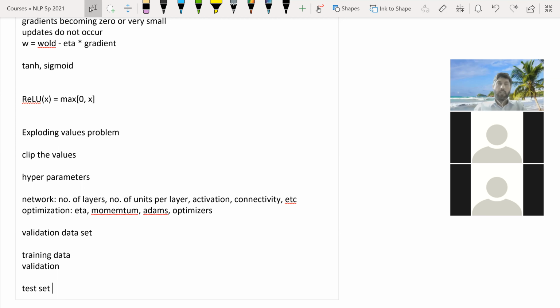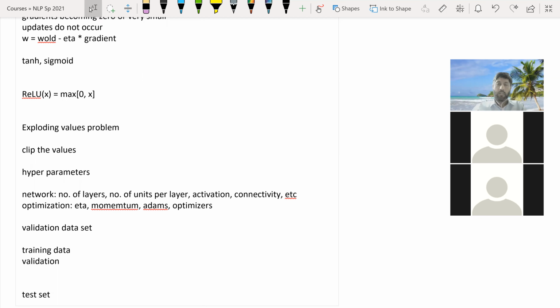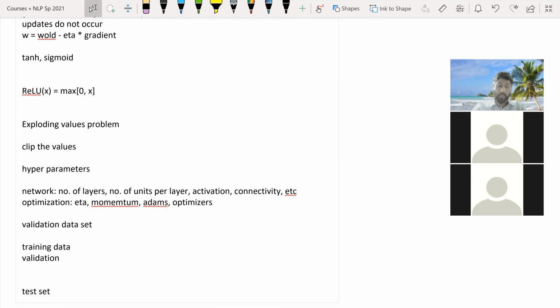So in general, there are a lot of hyperparameters, network parameters as well as optimization parameters, and there might be other parameters as well. वो मैं आगे discuss करूँगा थोड़ा सा. So for example, मैं वो लिख देता हूँ इधर.